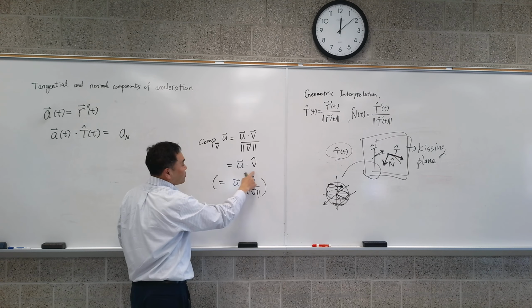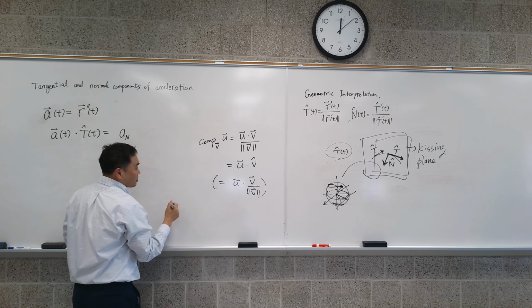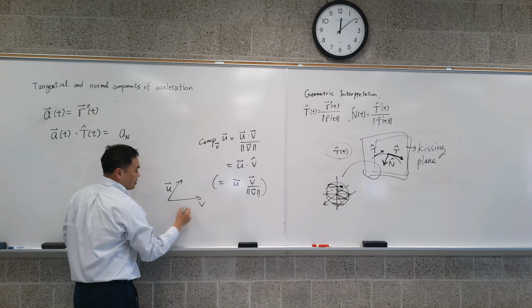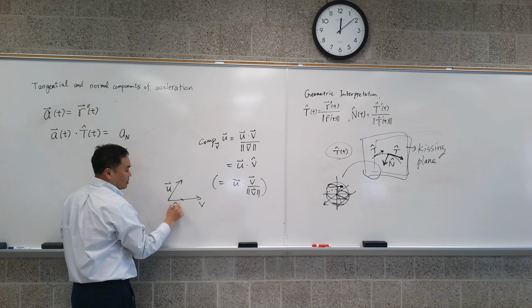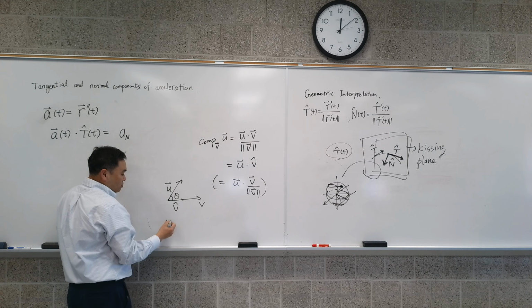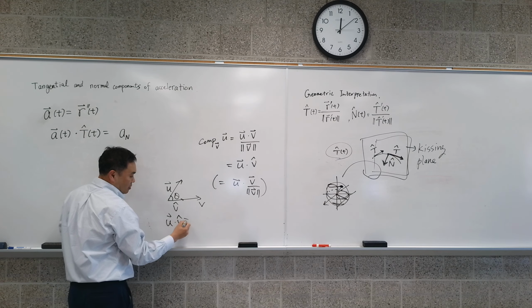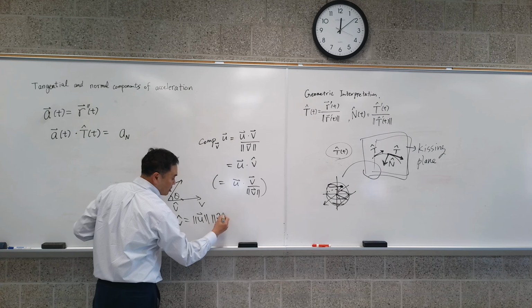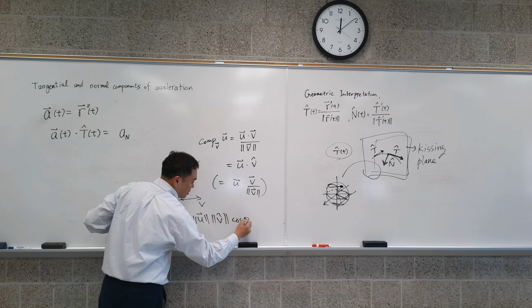The reason that this gives you the component is because if you have u, and here's v, and here's v hat, then the dot product is, by definition, the norm of u times the norm of v times the cosine of the angle between.